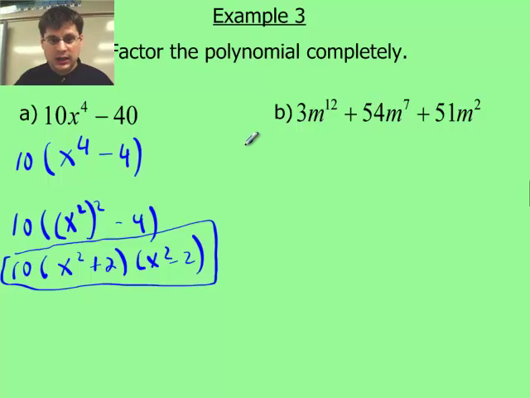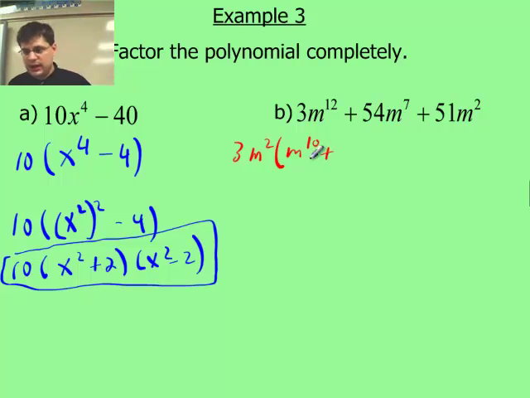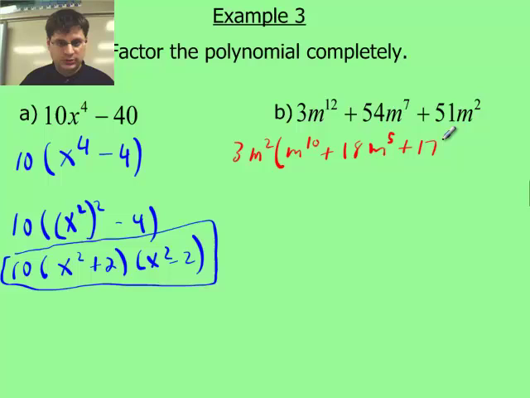So it's going to be, let's see, we can pull out a 3m squared, and I'll be left with m to the 10th plus 18m to the 5th plus 17.